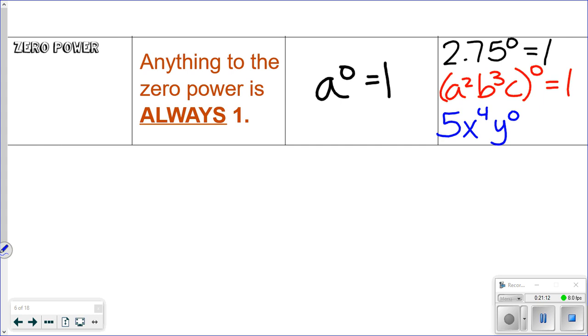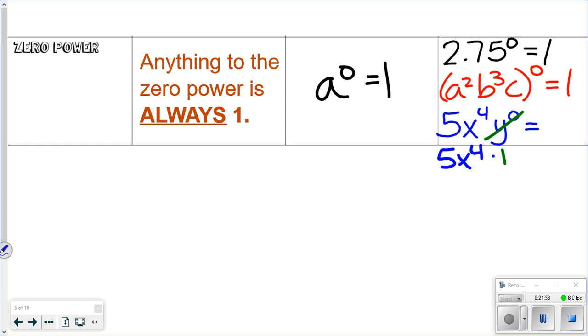Try this question. Come up with your answer. What is the only variable or the only letter being raised to the 0 power here? Just the y. So this equals 1, but I'm still left with 5x to the 4th power times 1.